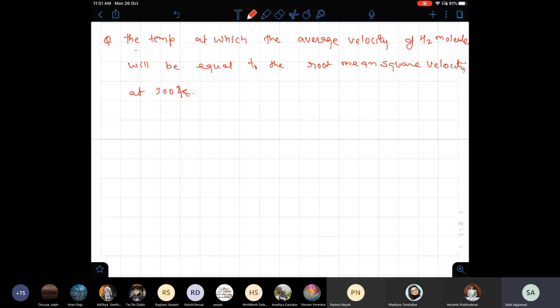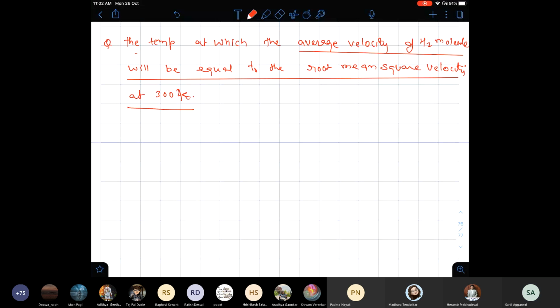At 300 Kelvin, the temperature at which average velocity of hydrogen become equal to the root mean square velocity at 300 Kelvin. Options: 353.25, 250.5, 405.2, 153.6.